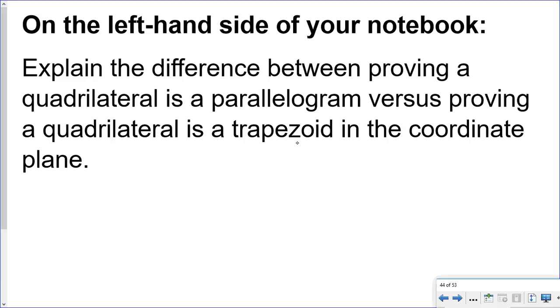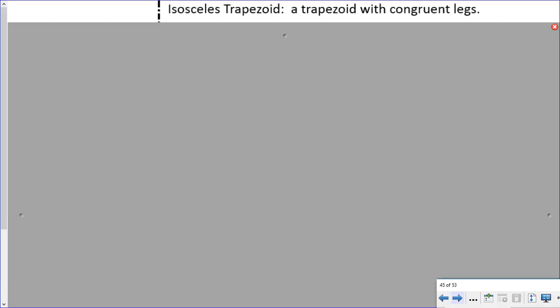Whereas in the trapezoid, you still figure out what's parallel, but for a trapezoid, it would need to be just one pair of opposite sides that are parallel, and you have to show that the others are not. Okay, so they do have a similarity in that you're finding slope to decide parallel or not, but the difference is a trapezoid would just have one pair of parallel sides, a parallelogram would have two pairs of parallel sides. Okay.